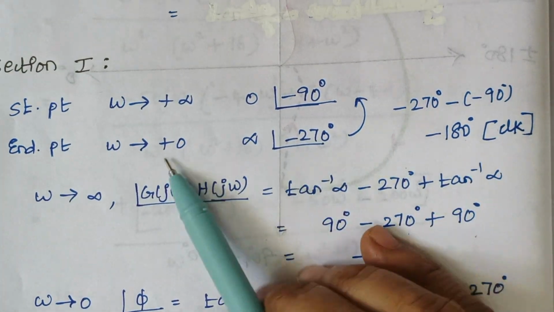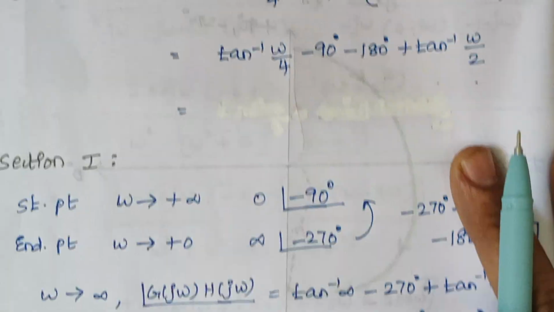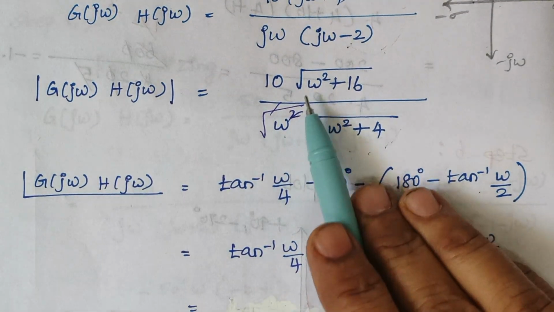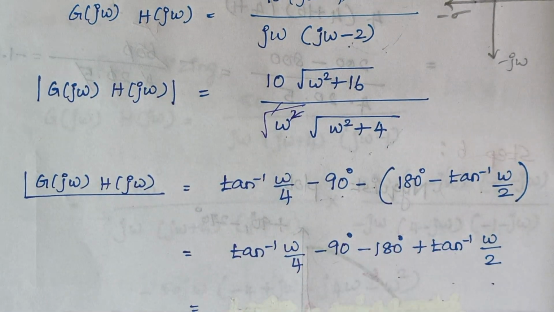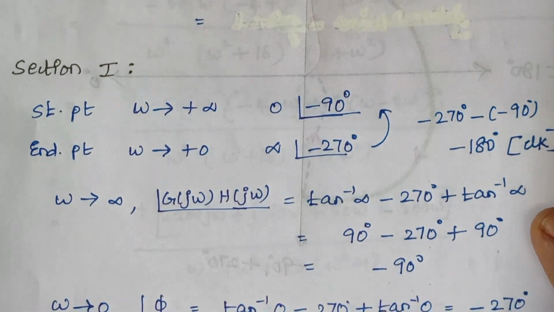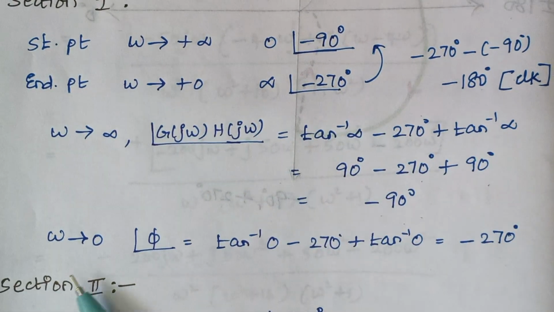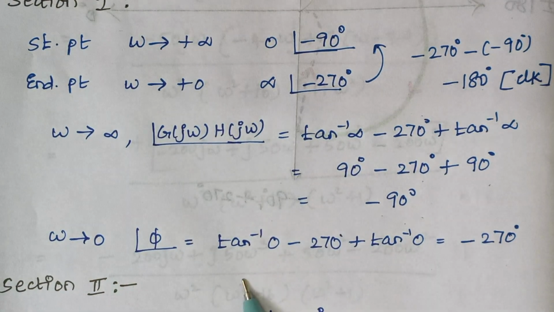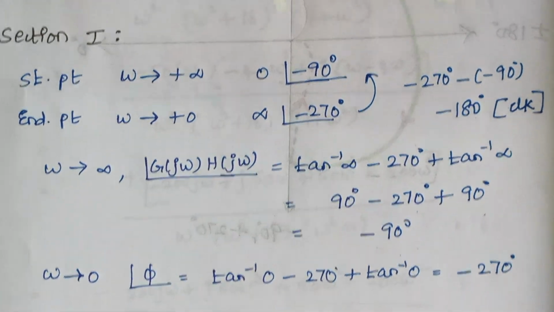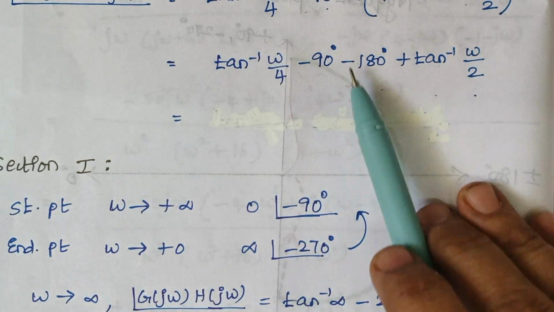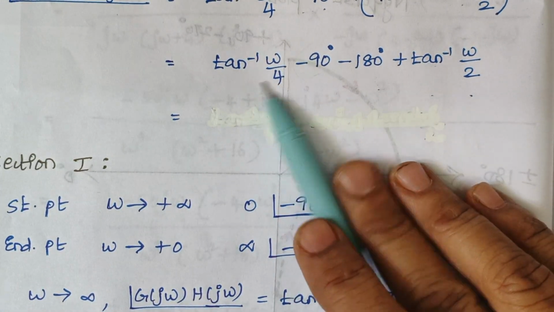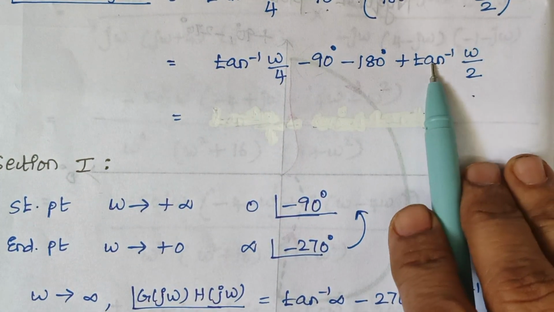And again, when you substitute the omega value as 0, anything divided by 0 is infinity. So here it is infinity. And again when you substitute the value of omega as 0 in the phase angle expression, you see, this is our expression. So tan inverse of 0 is 0 and tan inverse of 0 is again 0.